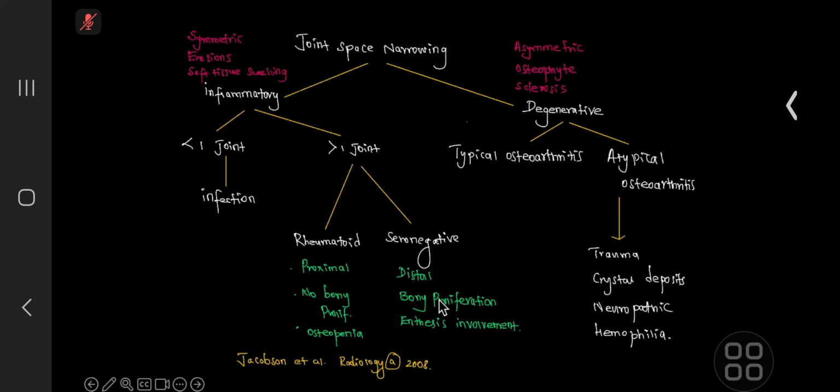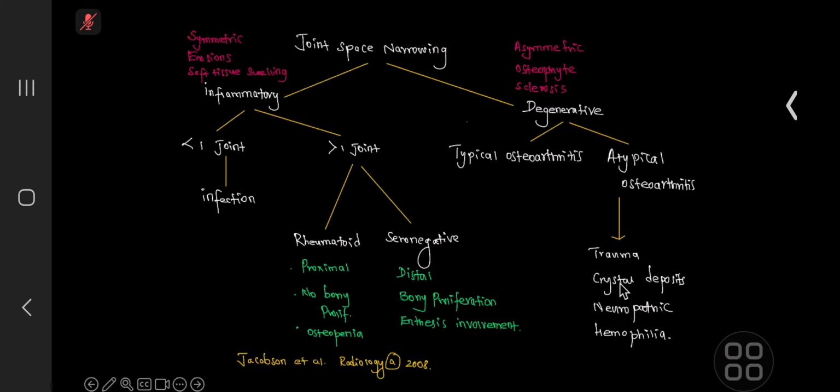There will be bony proliferation, and another important thing is enthesitis changes or involvement of tendon inflammation. So if it is a degenerative pattern, it can be typical osteoarthritis, or it can be an atypical one secondary to post-trauma.